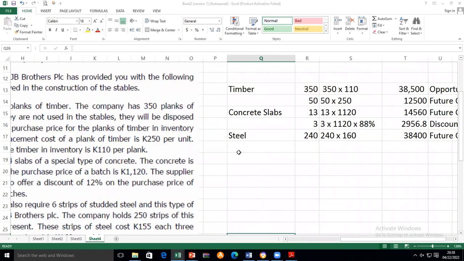So tell me, skilled labor. 15 by 40 is 600. Okay. And we have unskilled.